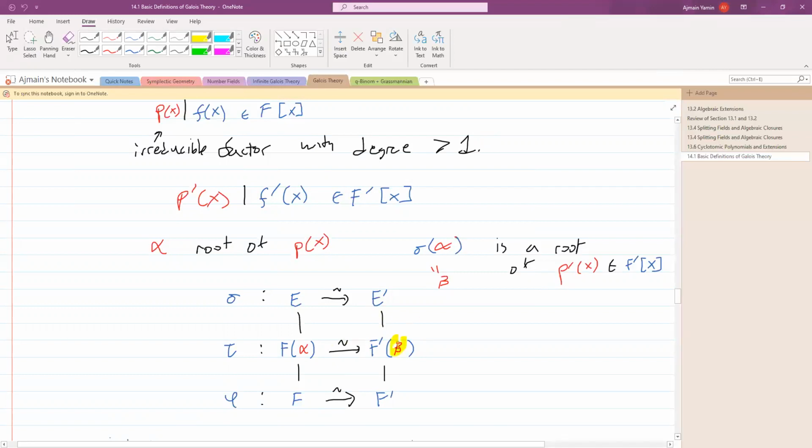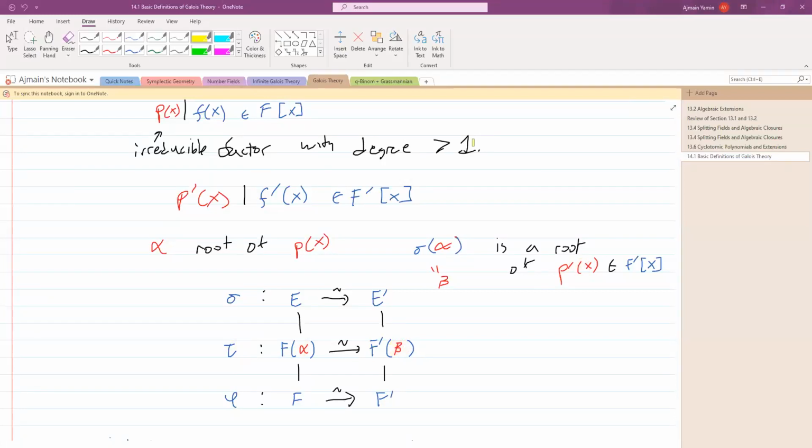Why should it be the case that if you pick a root of p prime of x... So alpha has to be sent to some root of p prime of x, and if you give me p prime of x, then you can find an isomorphism tau.